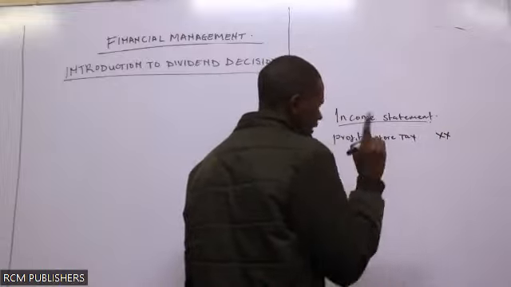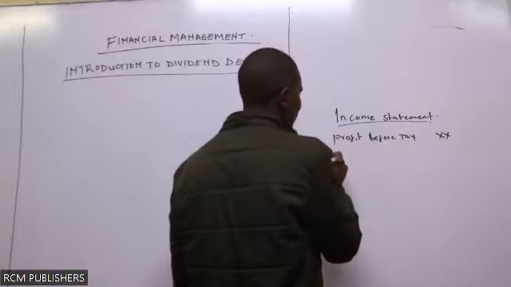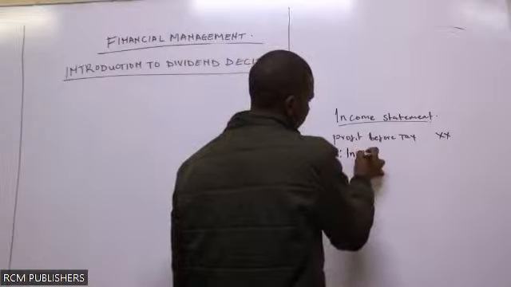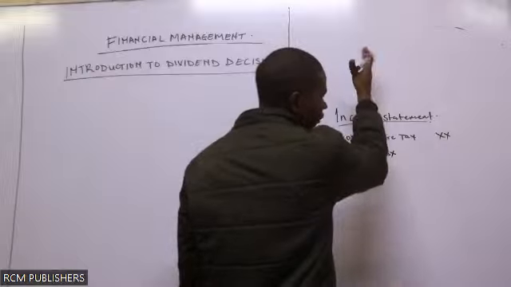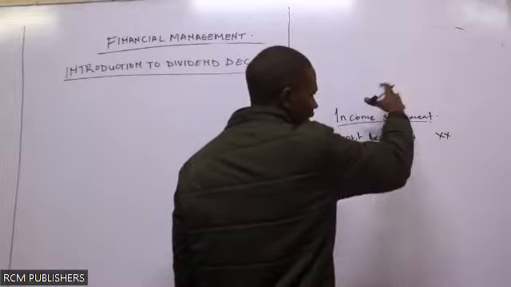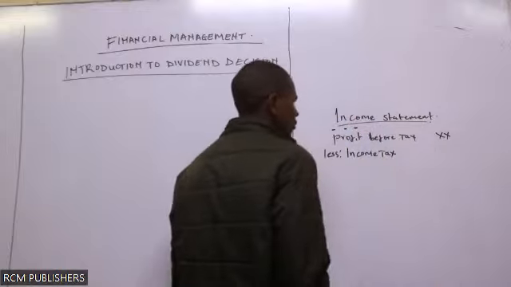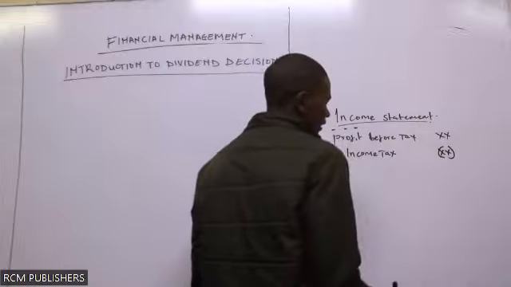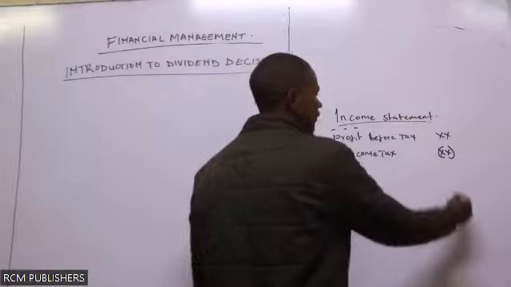And then the taxman comes in here, and we say less income tax. Remember we have revenue and expenses and so on. Just giving you an illustration: the taxman has come, and we have taken 30% of our profit before tax.